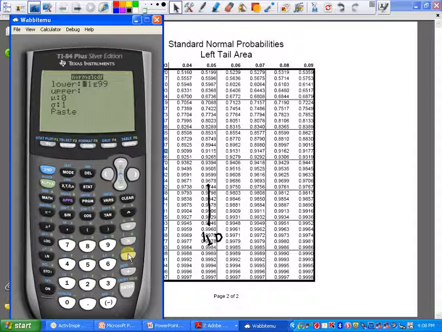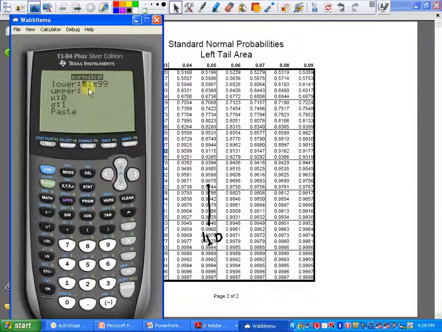So we need a lower limit and an upper limit, and we're in terms of z-scores. I failed to mention earlier, but the mean of the z distribution, the standard normal distribution, is 0. 0 standard deviations above the mean, that's right in the middle. And a standard deviation is normed to be 1. So if you're using z-scores, then this should always be 0 and 1 here. Now our lower limit: we're trying to find less than 120, which was a z-score of 1.33. So we want 1.33 and less.